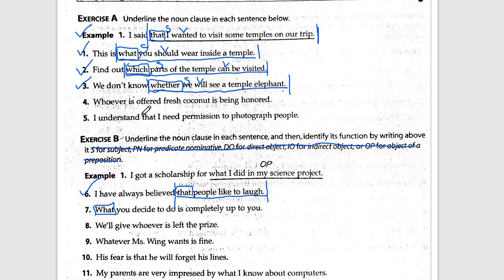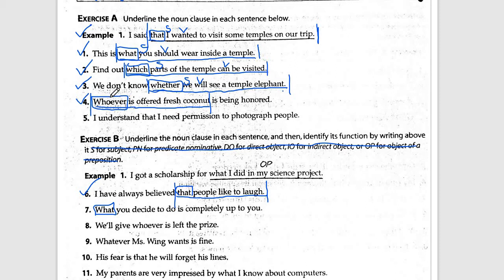Then we get down to 4 is a little different. Find our indicator word. Okay. Whoever is offered fresh coconut. And that's where it stops. Because we get to that main verb after that point. That's where it stops. Someone is being honored. We could even say something is being honored.